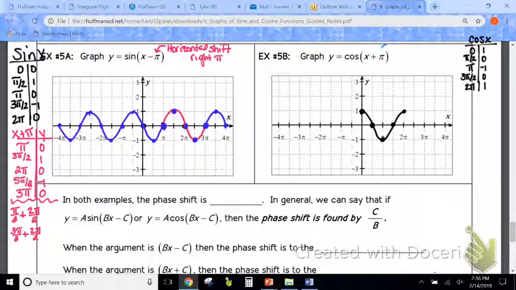And what do I think that pi is going to do to my graph this time? Go to the left. Yeah, it's a horizontal shift. Good. Left, how many? Pi.